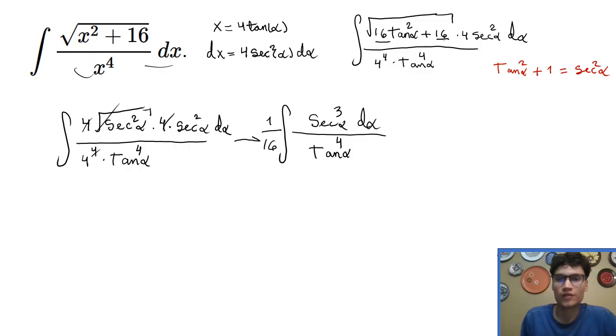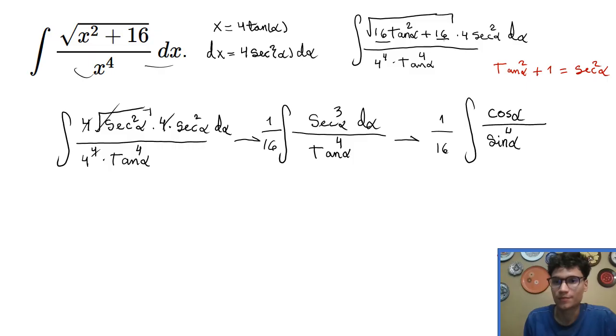Now what we can do is express these two functions as sines and cosines. So we have a 1/16, and the integral will be the integral of cosine of alpha divided by the sine of alpha to the 4th power, d alpha.